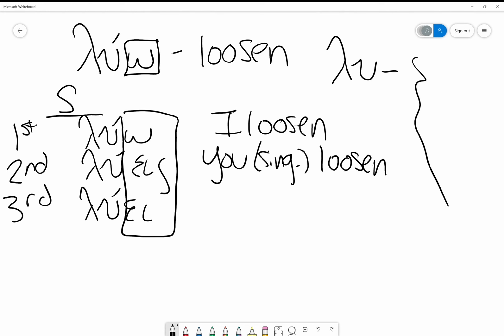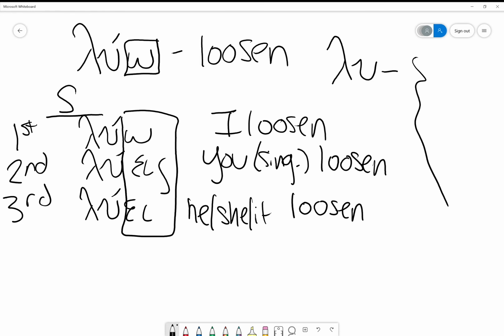Third person, he or she or it, or some sort of entity that is not I and not you, but is some single person or thing outside of the I and you doing it. So he, she, and it captures that sentiment. Loosens. Okay? So this is our singular.